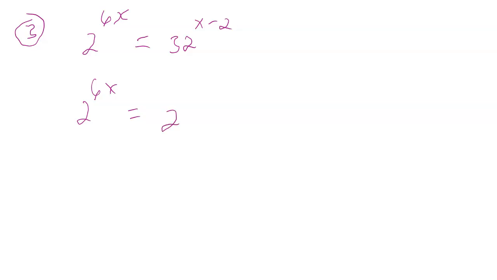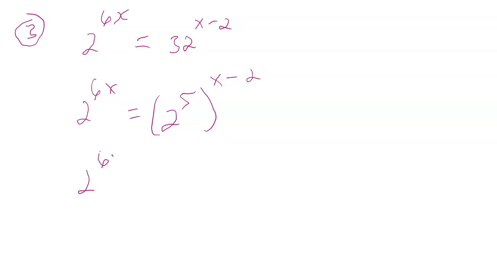On to 3. Come on, 30 minutes. It's been a while since we've had 30-minute homework. We got 2 to the 6x is equal to 32 to the x minus 2. Same idea, so we'll get 2 to the 6x is equal to 2 to the 5th, which is 32, to the x minus 2.